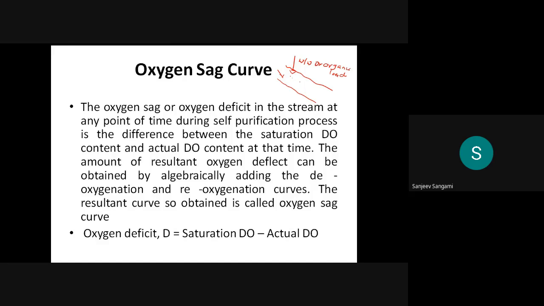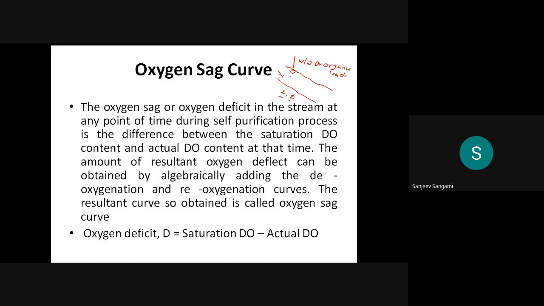So normally, how exactly is it going to happen in the rivers, that we are going to study. Oxygen sag means how the oxygen goes on depleting and how the oxygen goes on increasing as it travels up to some distance x in a river.